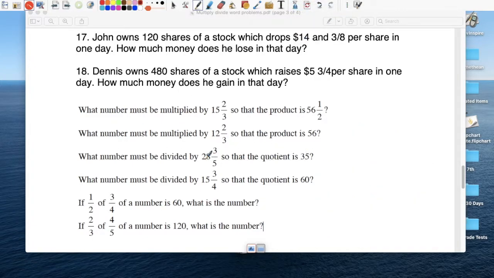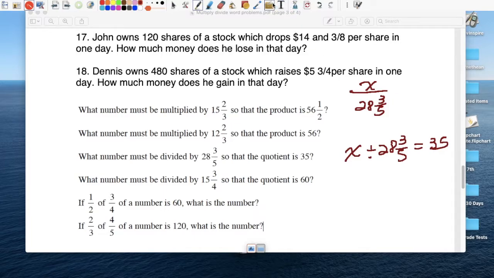All right, so what must be divided by 28 and 3/5 so that the quotient is 35? Again, you can use any variable, a, b, c, x. So a number divided by 28 and 3/5 is 35. I would much rather write it like this.